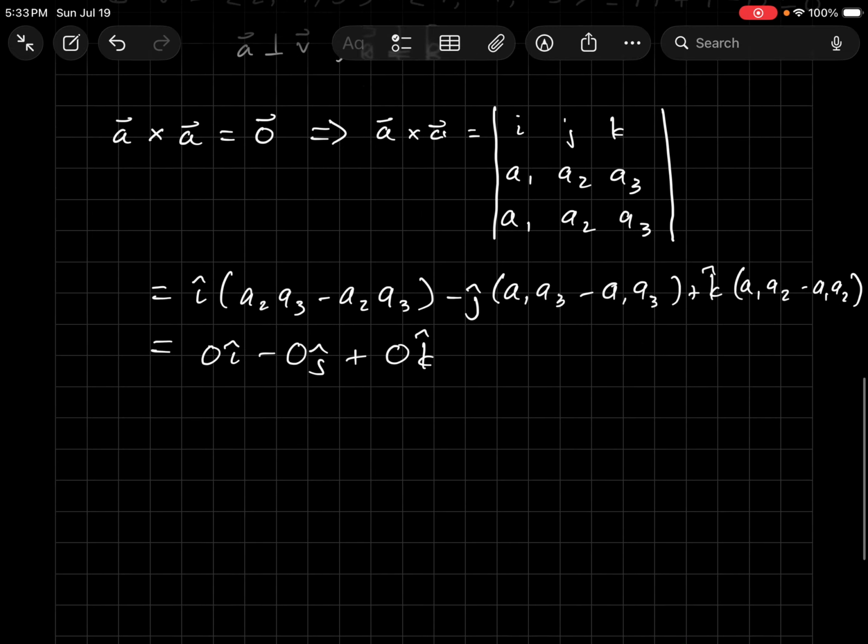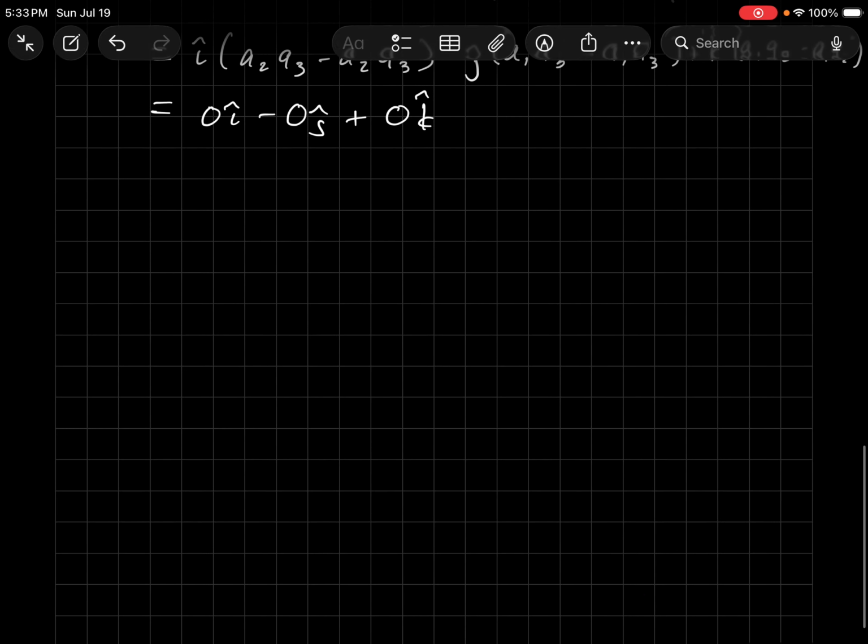Let me talk about one theorem. I'm not going to prove the theorem here, just because the algebra gets pretty messy, but we will use the result of the theorem in just a bit.